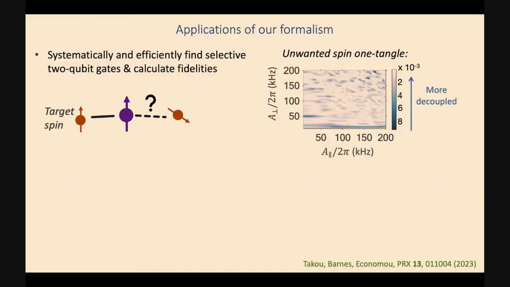Yeah, so let me just show you maybe a few results. So now you can create some sequence that couples one target qubit. And now you can look at, in this 2D landscape of different coupling parameters, which ones are more coupled and which are less coupled. So you can select your sequence in a way, if your goal is to decouple all of them except for one, you can systematically do that.